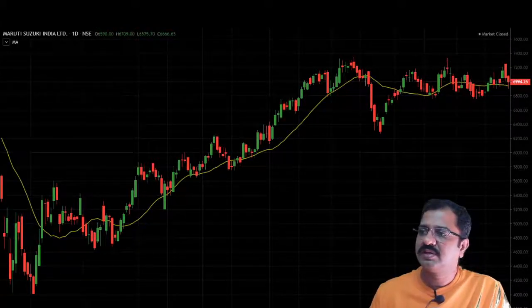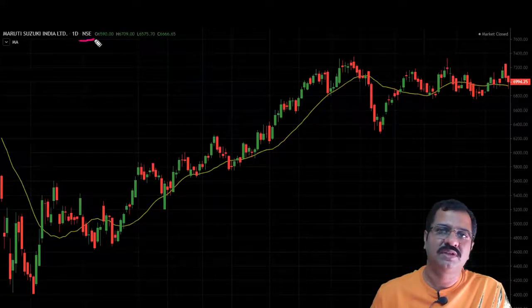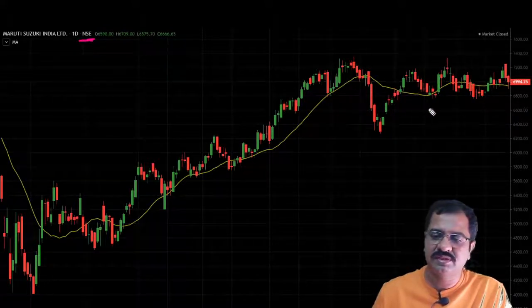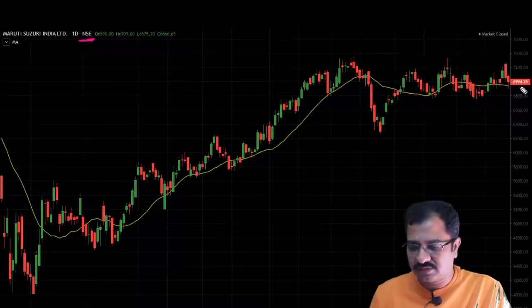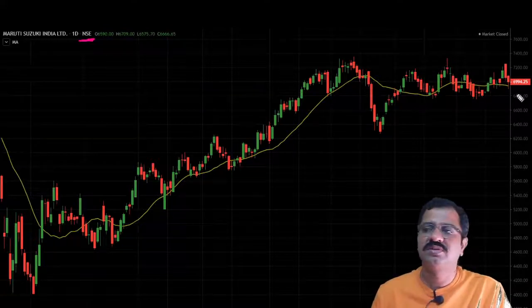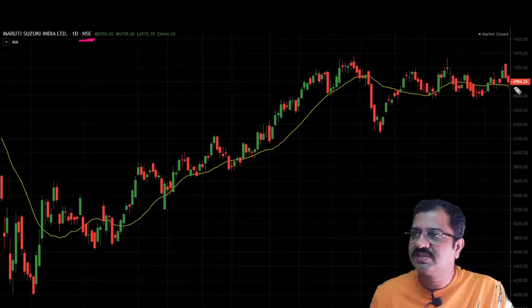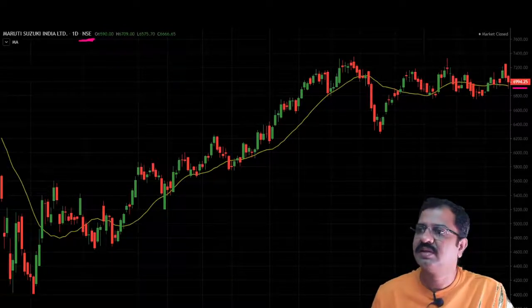Note, you have to observe two things here. This is on NSE, and now the market is closed, so we don't have too much difference, but here the price is 6994.25, right?